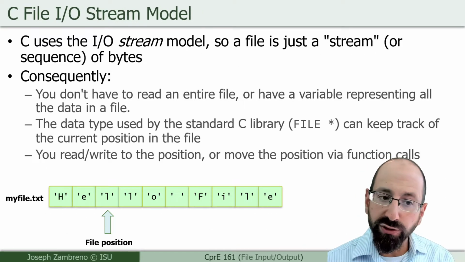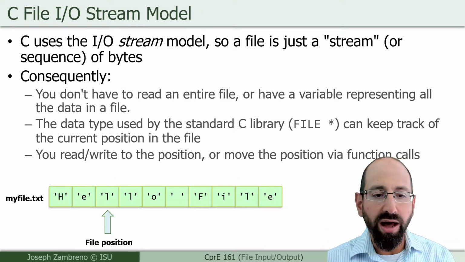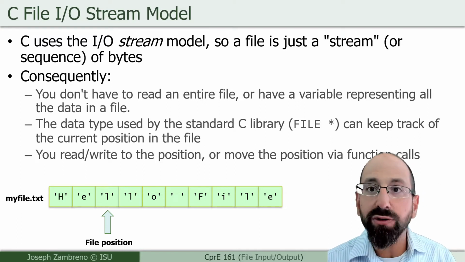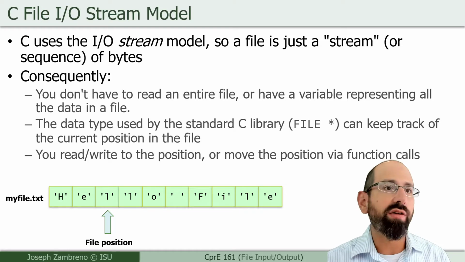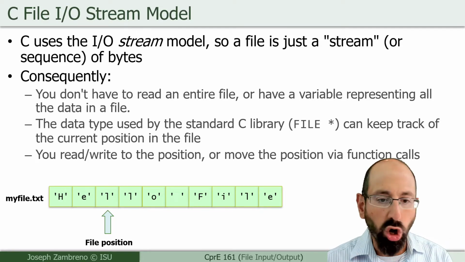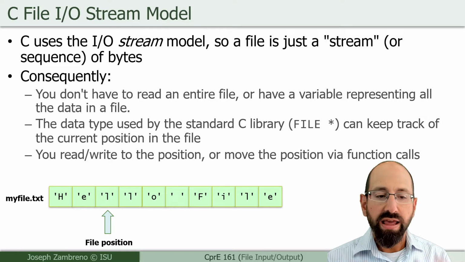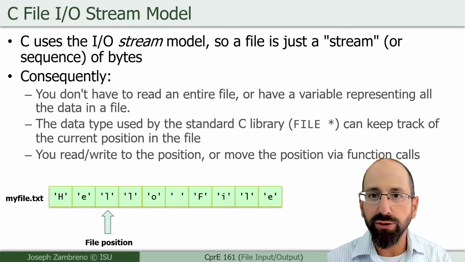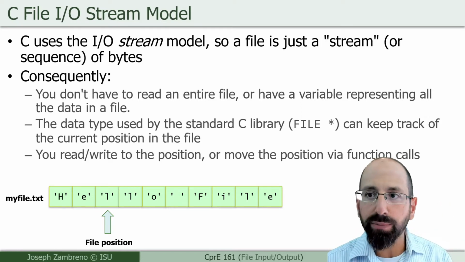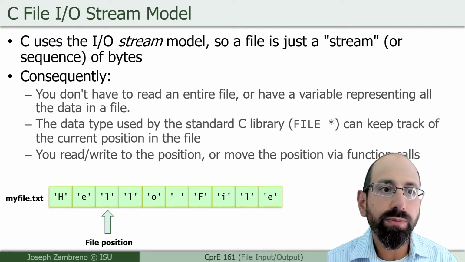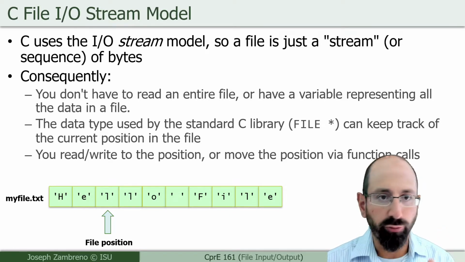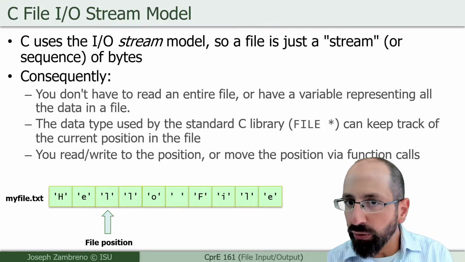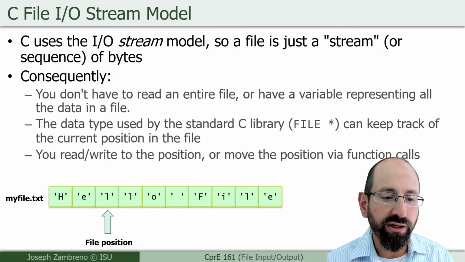C uses what's referred to as the I/O stream model. So a file is just a stream or a sequence of bytes. Consequently, you don't really have to read an entire file or have a single variable that represents all the possible data in a file. The data type that the standard C library uses is a pointer. It's a FILE star pointer that can also keep track of where you are currently in the file in terms of the current position. You can read or write at that position, or you can move the position where you are in the file via various function calls.